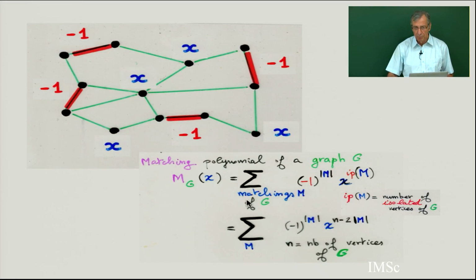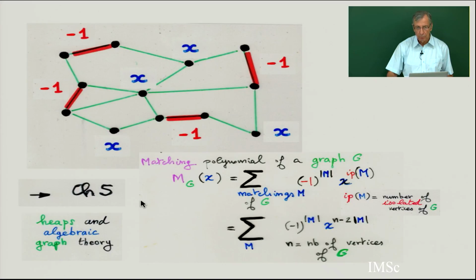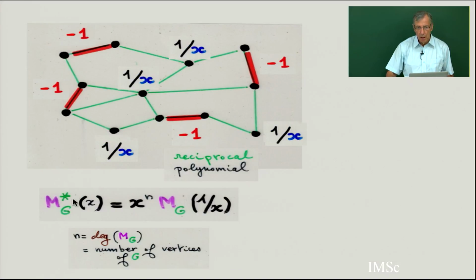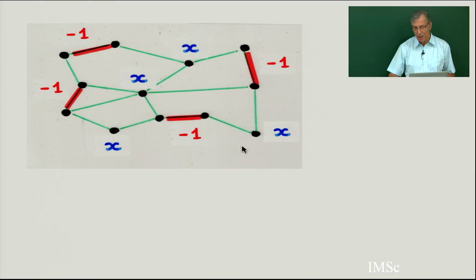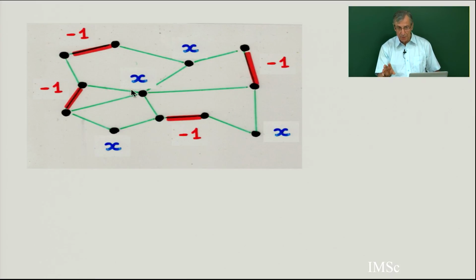So star is defined by the right hand side. That's called the reciprocal. By definition of the reciprocal, you replace each x by 1 over x and multiply by x power n. So let's do it. The matching polynomial is the sum of all these weights. So what is the reciprocal?